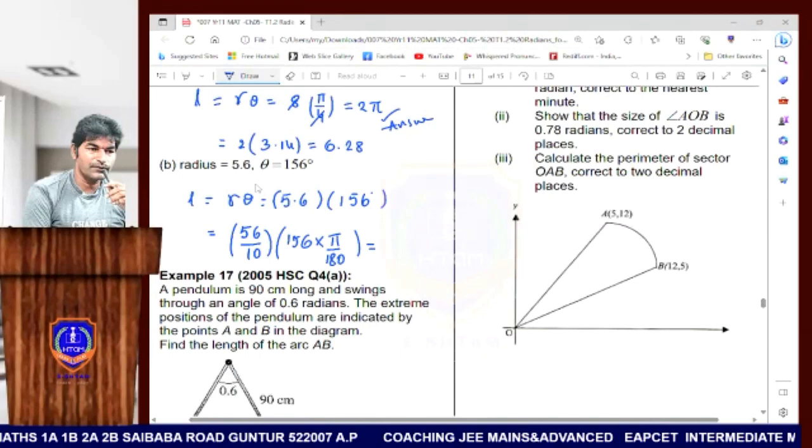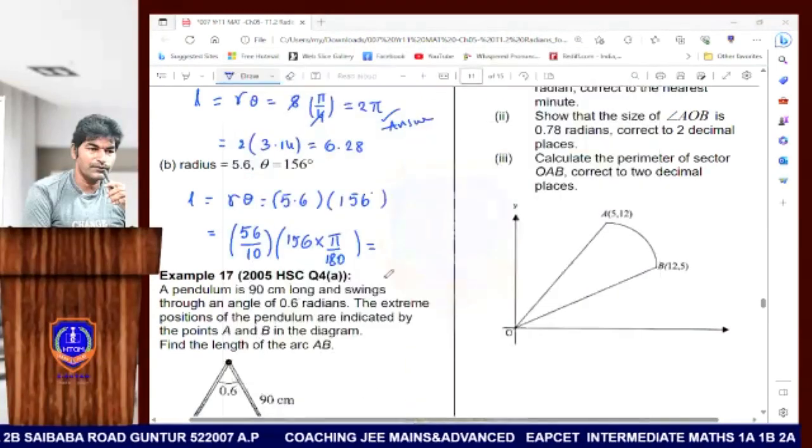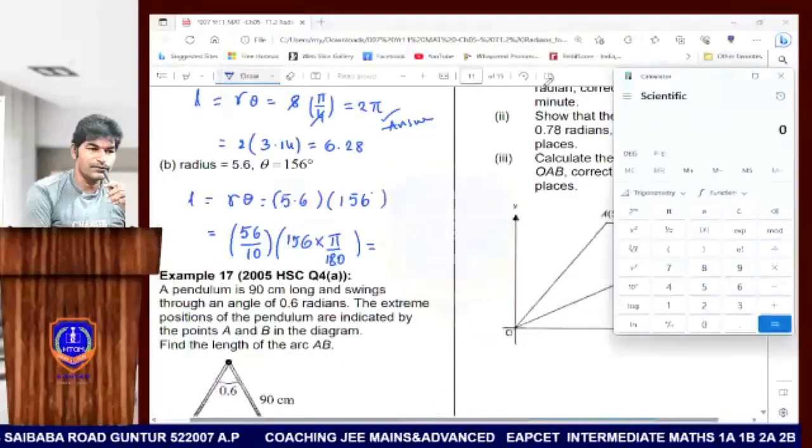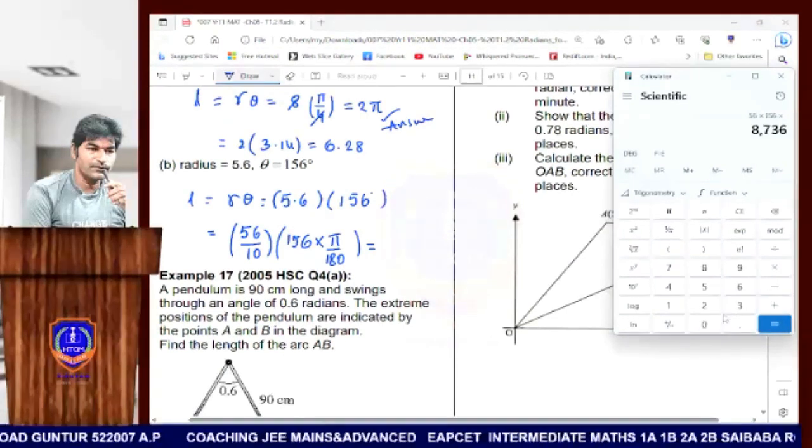Now take your calculator and calculate this. How much is it? So 56 into 156 into pi by 180.